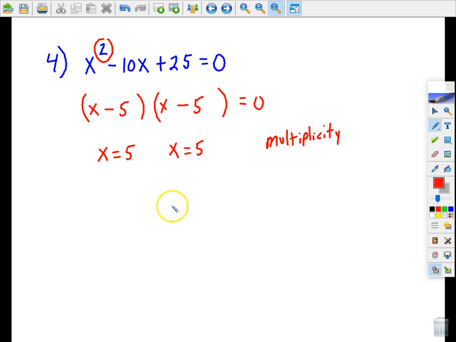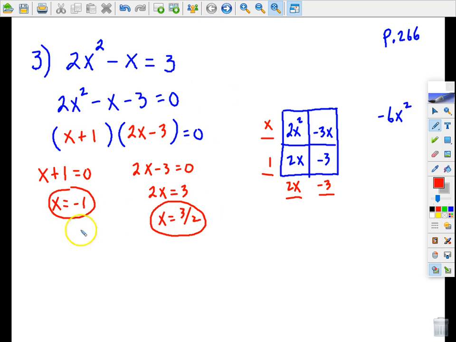Here's what this means for the graph. In some of the classes that I had time to kind of develop this idea of what these solutions actually mean as far as the graph is concerned. And I'll just do a quick little illustration of this. For x equals 1.5 and x equals -1, what we've actually found is the places where this parabola would cross the x-axis.